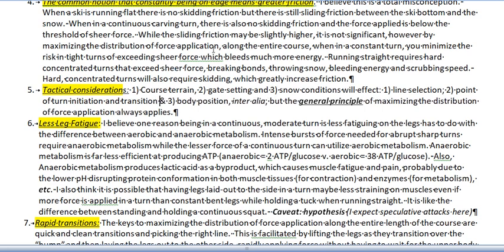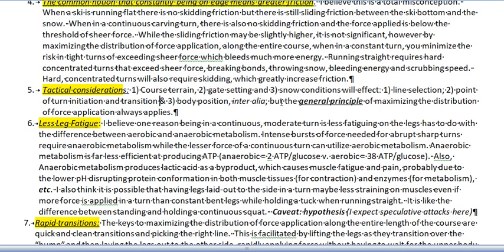And body position. Let's say you're going off a fall away or drop off ramp. You have to be leaning over that to engage the outside ski. Among other things, I say inter alia, which means among other things.